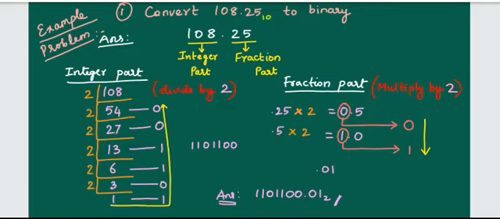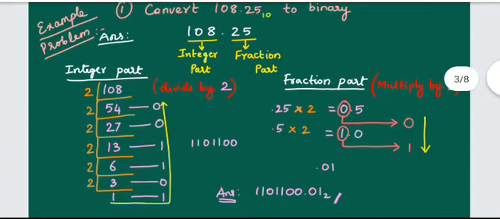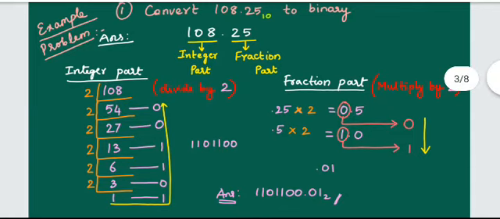The integer part we divide by the base value, and the fraction part we multiply by the base value. Which number do we want? Binary. What is the base value of binary? 2. So the integer part is divided by 2, and the fraction part is multiplied by 2.